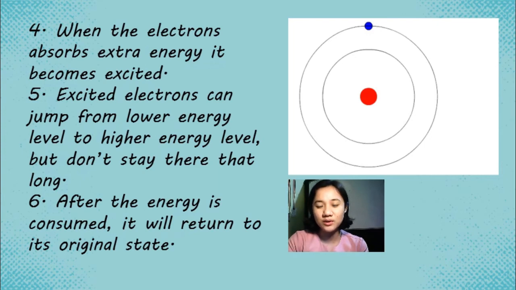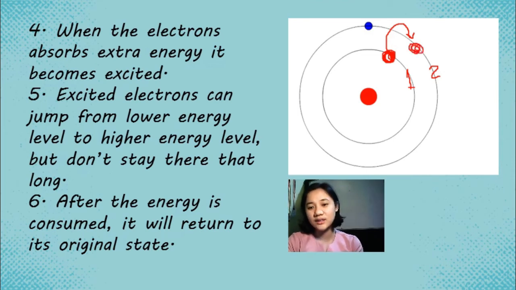Say, for example, we have an electron here. Its energy level is 1 because it is near the nucleus. Once it becomes excited by absorbing extra energy, it can jump to a higher energy level.